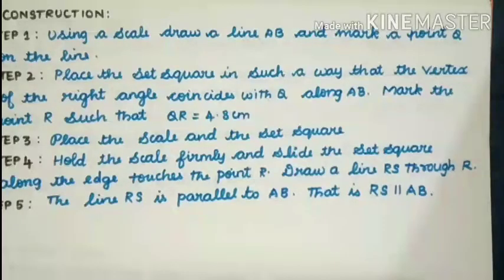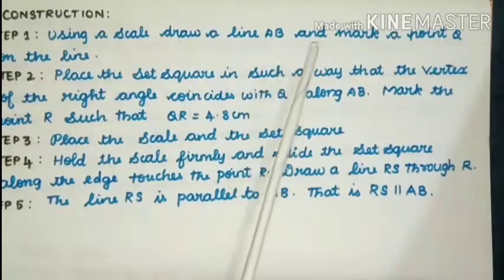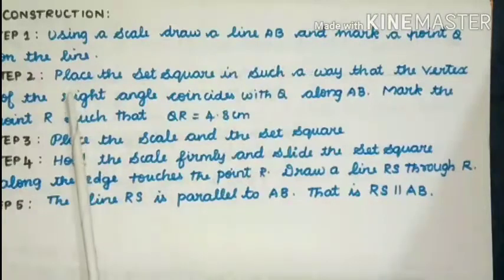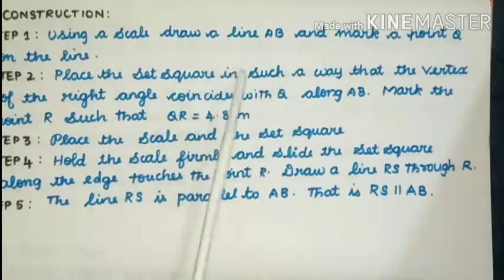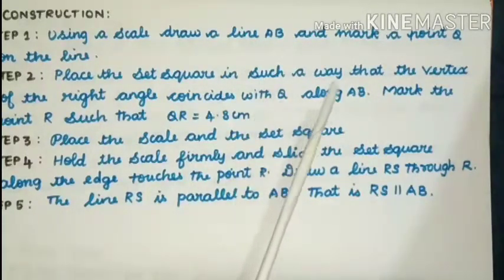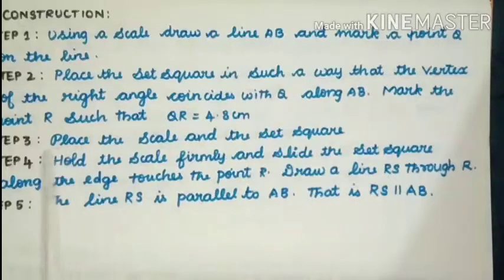Let's see the construction for parallel line. Step 1. Using a scale, draw a line AB and mark a point Q on the line. Step 2. Place the set square in such a way that the vertex of the right angle coincides with Q along AB. Mark point R such that QR equals 4.8 cm. Step 3.